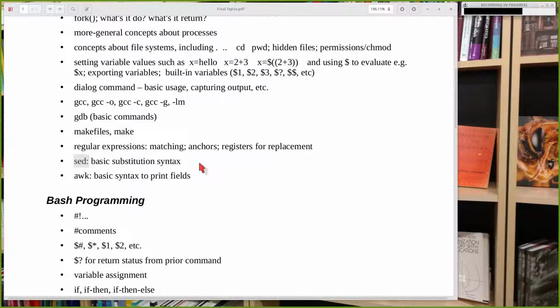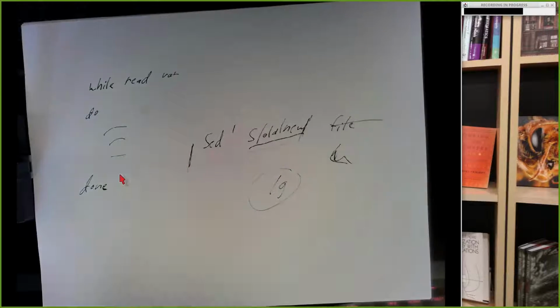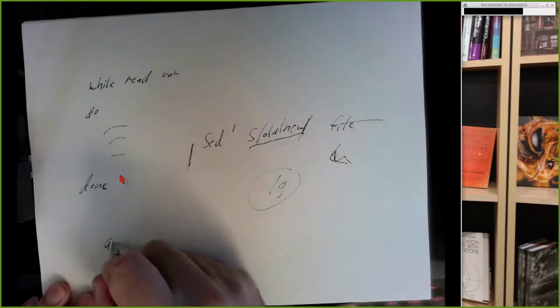And then awk, the only thing I'm going to ask you to do there is use awk to print out fields from a line. So we're not going to ask about all the programming options and instructions and things like that. SED is just doing substitutions. Awk is just printing fields, so taking an input and saying something like this.